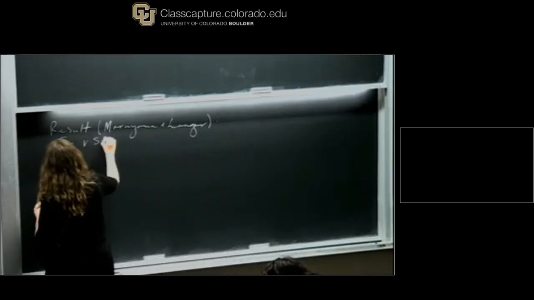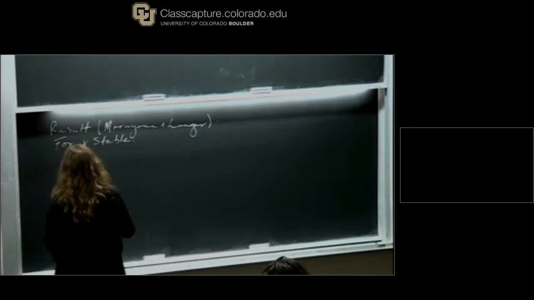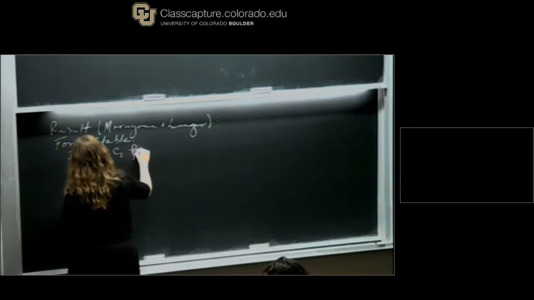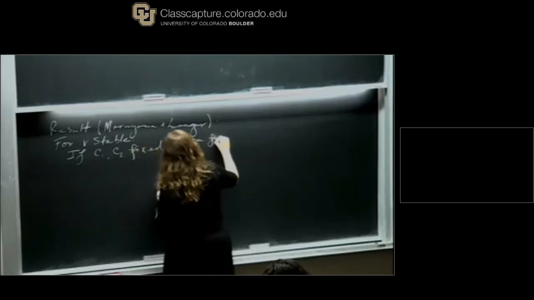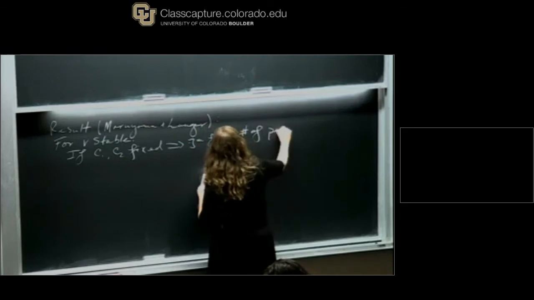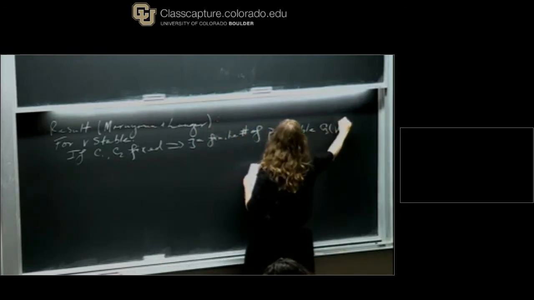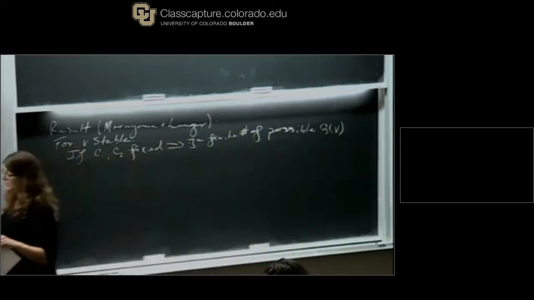For V stable, i.e. satisfying the equations of motion we care about, if C1 and C2 are fixed, then there exists a finite number of possible, i.e. compatible, C3(V) values. So the topology does not get to completely get away from you.